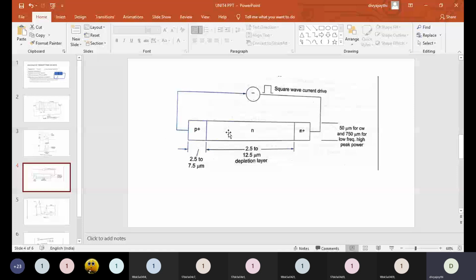The process we are doing from E to F, we call residual plasma extraction.